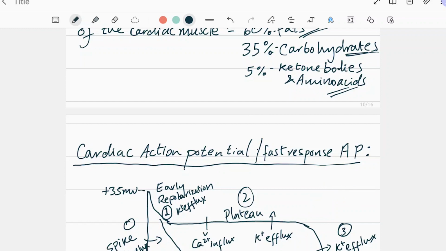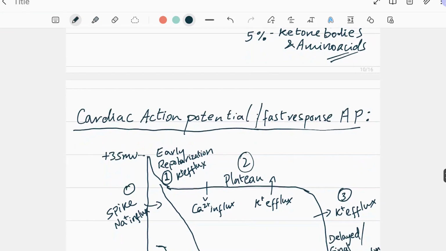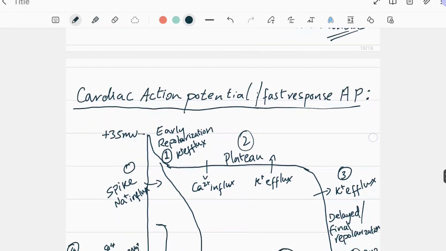So assuming that you've watched that video and you understand the concept of depolarization as positive cations coming into the cytoplasm, and the cytoplasm getting more positive, and repolarization as the cytoplasm becoming more negative, meaning the inner part of the membrane becoming more negative, we'll now go into what is cardiac action potential.